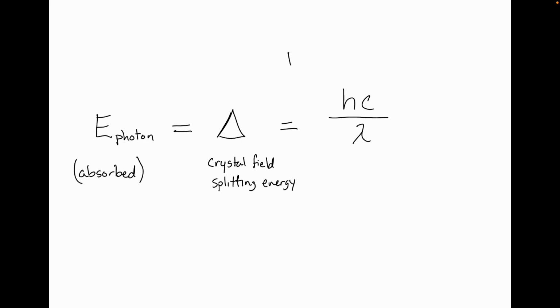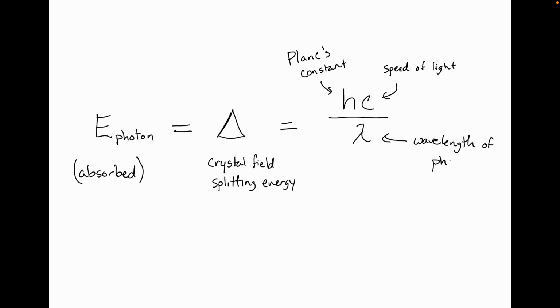All right, h is again Planck's constant. c is the speed of light. And this little fancy thing here called a lambda stands for the wavelength of the photon.